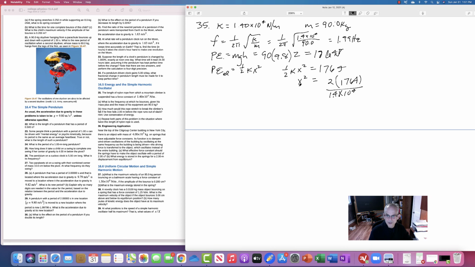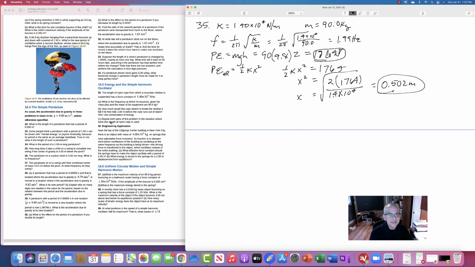And that's x squared. So x is going to be the square root of that. And if you do the math here, you get 0.502 meters. That's how far it stretches in order to absorb the energy generated by that much of a fall.